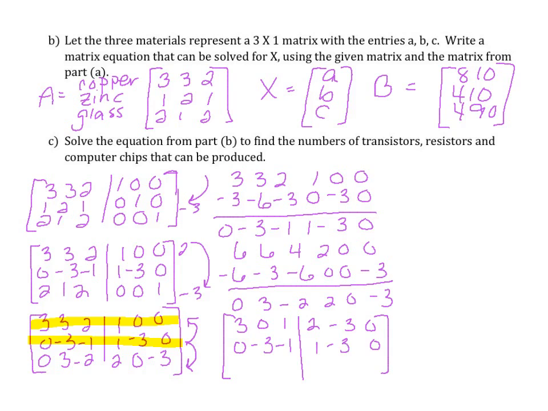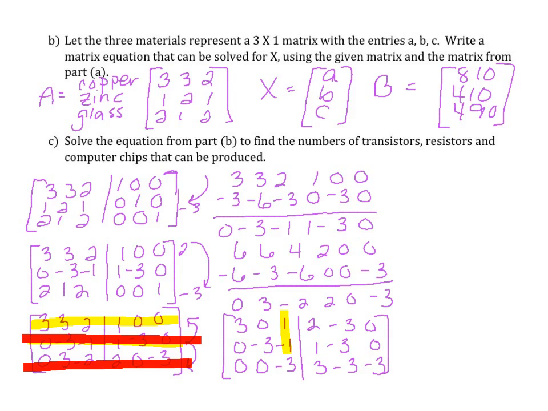And now I'm going to take the middle row and add it to the bottom row here to replace my bottom row with 0, 0, -3, 3, -3, -3. So we're getting closer. Alright, I just need to get this 1 and -1 into zeros.